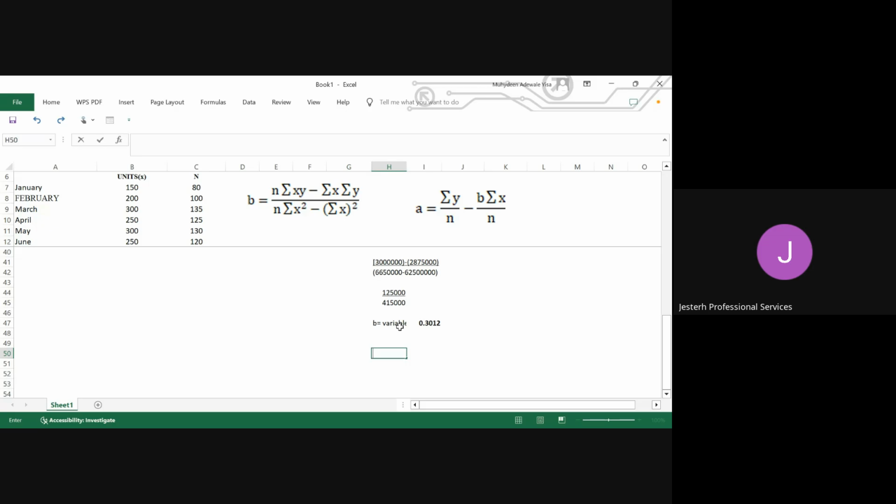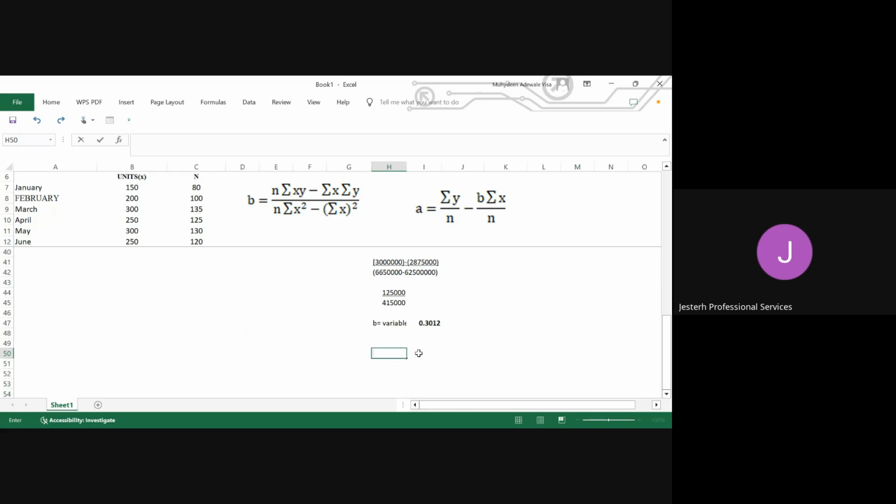Now we have derived our b, which is our variable cost. We are now going to substitute this b in getting our a.